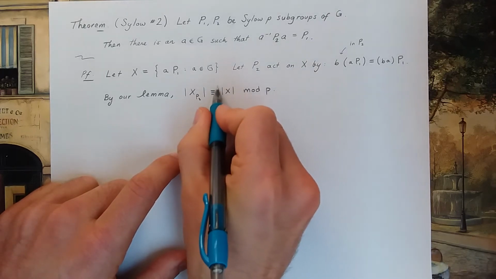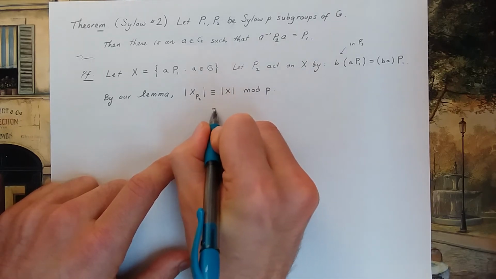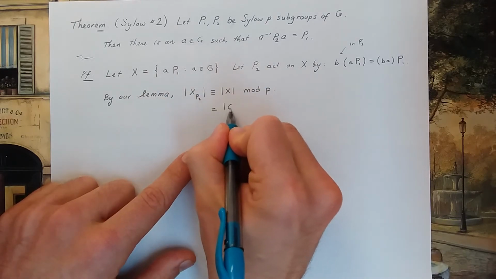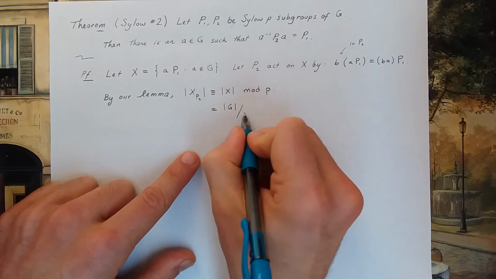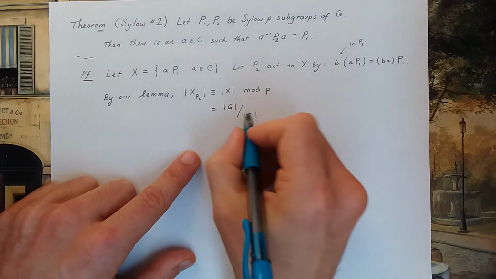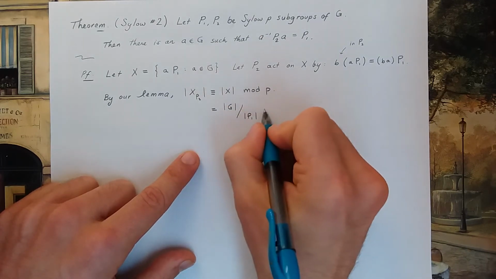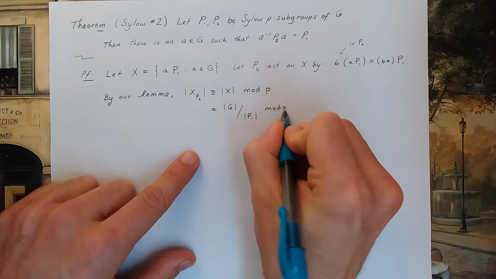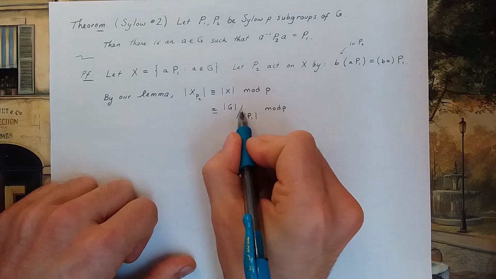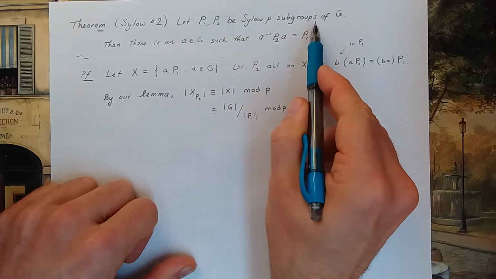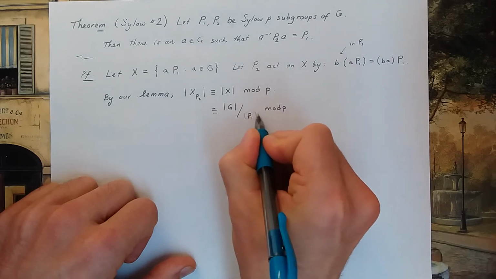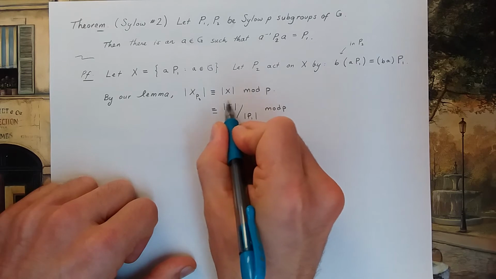Now, the size of X, that's the number of left cosets in the group. That's the size of the group divided by the size of P1. So these are the same, mod p. Now, P1 is a Sylow p-subgroup. That means it's a subgroup of the highest possible prime power that divides the size of the group.